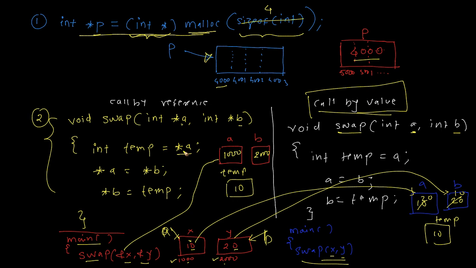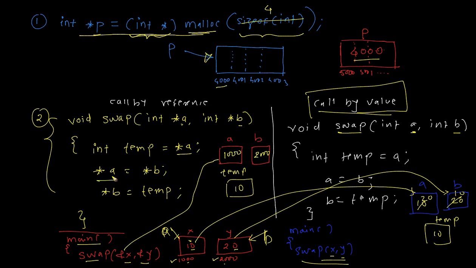So temp is equal to star A. Star A is the dereference operator. It gives us the value at the address in A. The address in A is 1000, and the value at 1000 is 10. So temp will get 10.